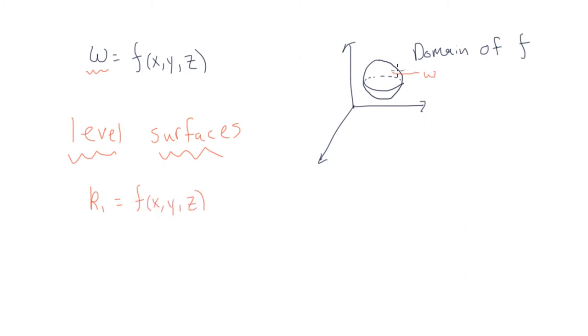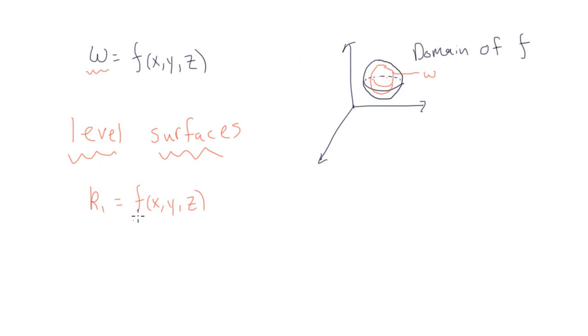And what that's going to do is give me a surface in space where all of these x, y, z points on the surface have the same function value. So you can think about all the points on the Earth that have the same temperature. That's going to be a surface, and that surface will be a level surface for that temperature function.